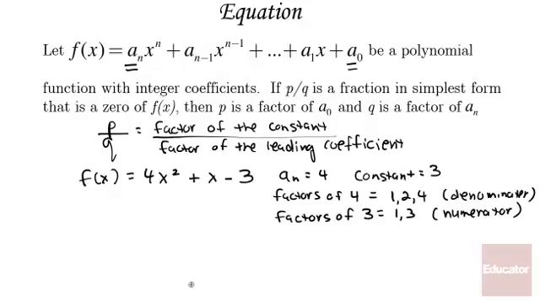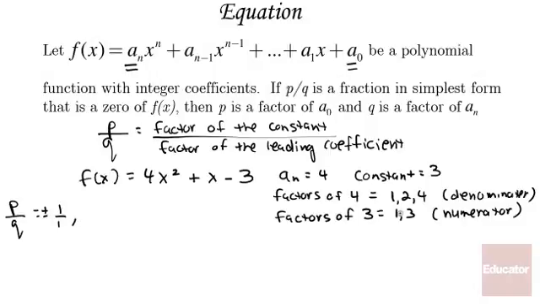So I'm going to go in an organized manner, looking for different possibilities for p over q, the factors of 3 over the factors of 4. I could have 1 in the numerator and 1 in the denominator. It could be positive or negative, because the factors can include, for example, -1 times -4, which would give me 4, and so on. So I could have all different combinations, positive and negative.